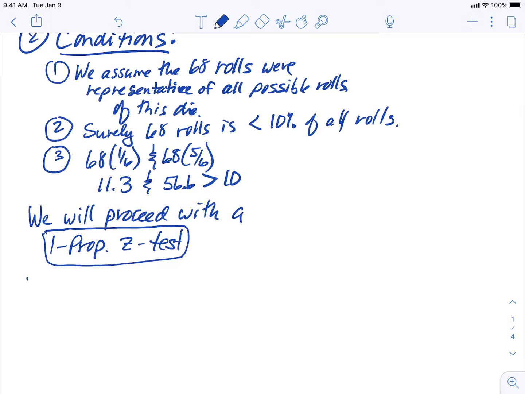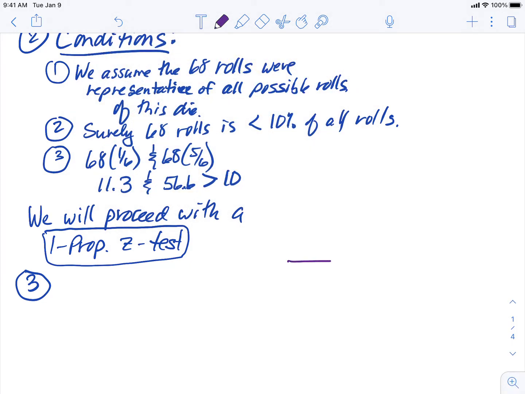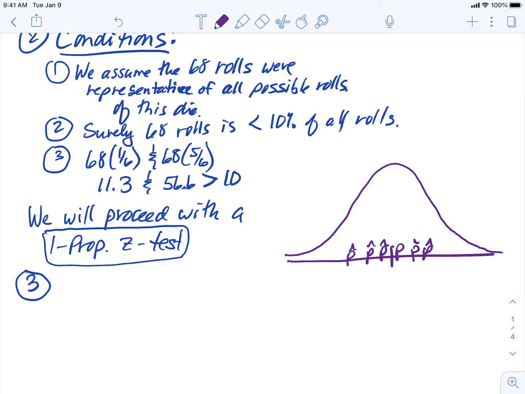All right, so because we believe we can use a normal model, let me go ahead and draw what that would look like. Let's say we've got a normal model for the sampling distribution. So we believe, because of condition number 3, that all the p-hats, had we gathered them all, would pile up in a relatively normal way. And according to what we learned in Chapter 7, the mean of all the p-hats, remember this is all the theoretical p-hats that we could possibly grab using the same sample size, same procedures.